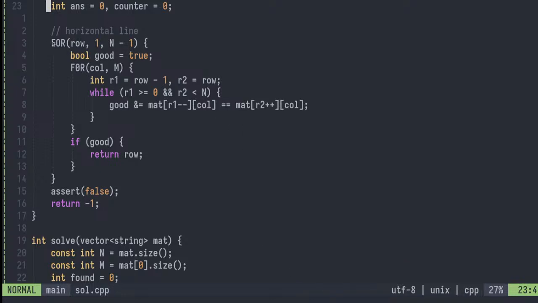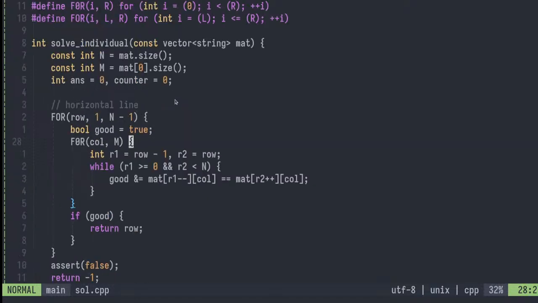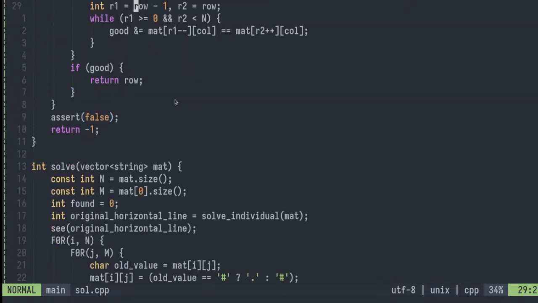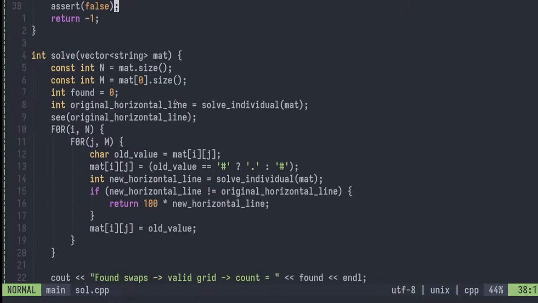All the rows from 0 to n minus 1. Columns. Right.